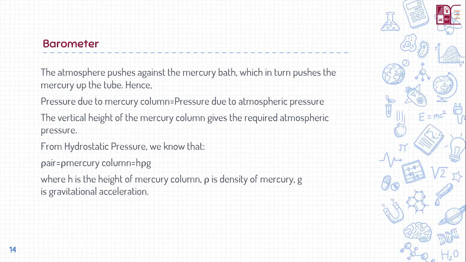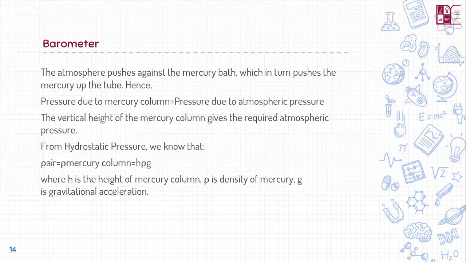If I was to compute what the height would be at 1 atmospheric pressure, putting it into the formula P = ρgh, 1.013 × 10^5 = 13.6 × 10^3 × 9.8 × h, and we find h. So h comes up to 76 centimeters.